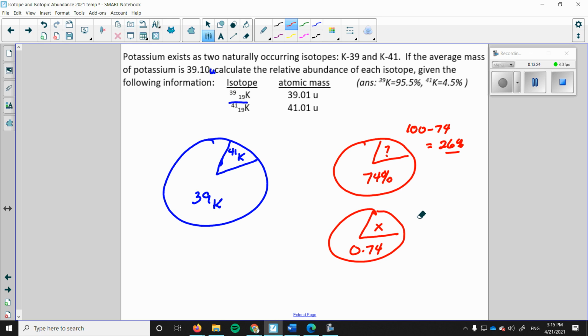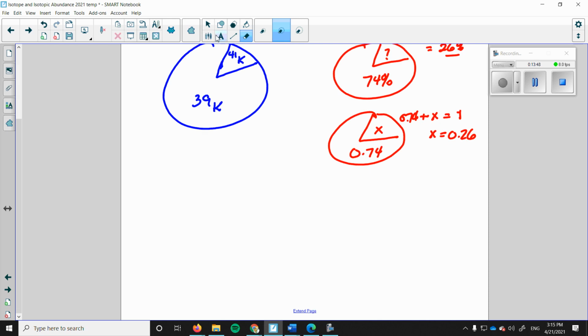And I know that 0.74 plus X is equal to 1. What's X equal to? 0.26. So we're going to use a strategy something like this. However, it's going to be even cooler than that, because look what I can do as well. I can also do this.